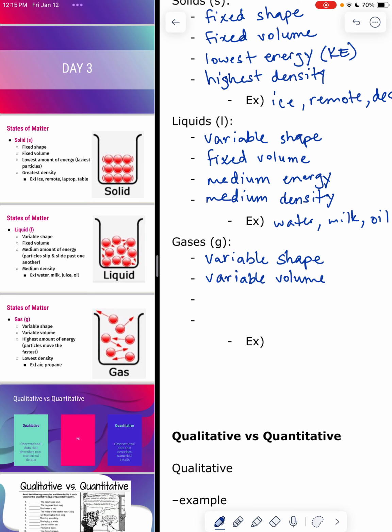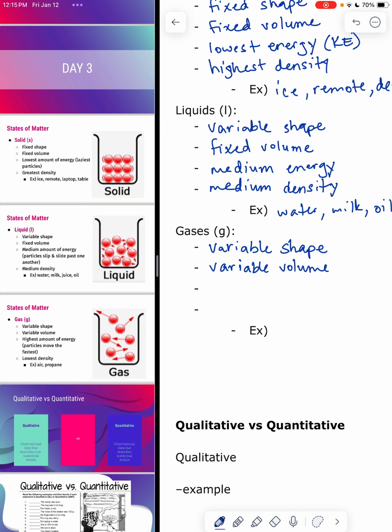So they're not always going to have the same fixed volume, kind of like a gallon of milk will always be 1 gallon. Gases can spread out to fill up their containers. They have the highest amount of energy, which allows them to do that. So highest energy and lowest density.